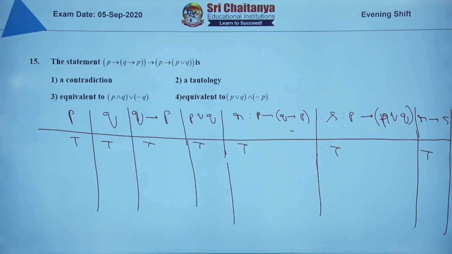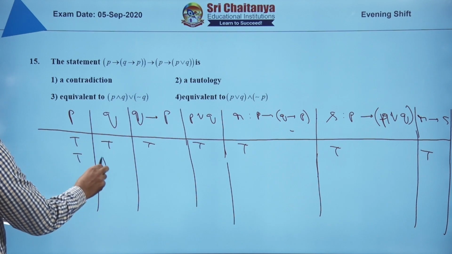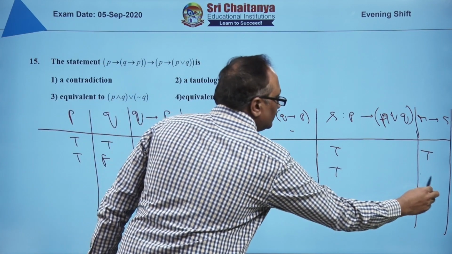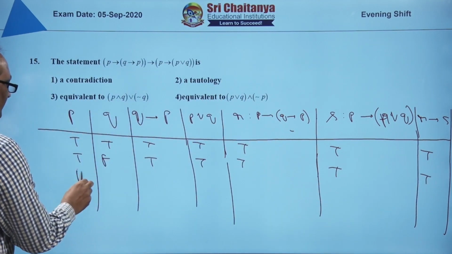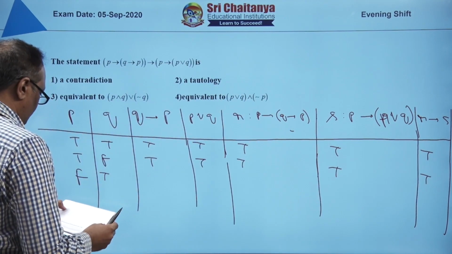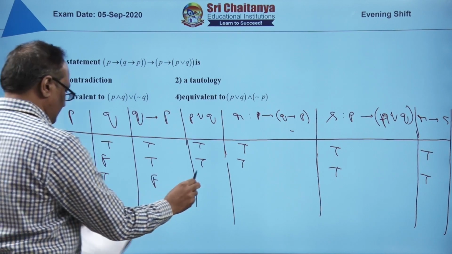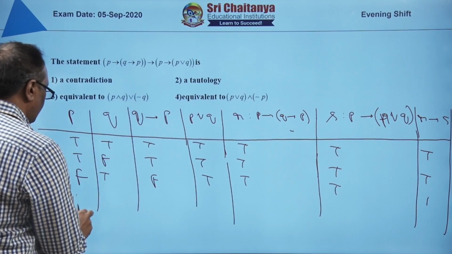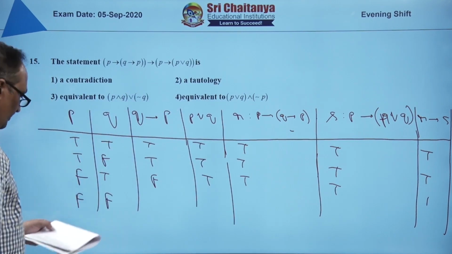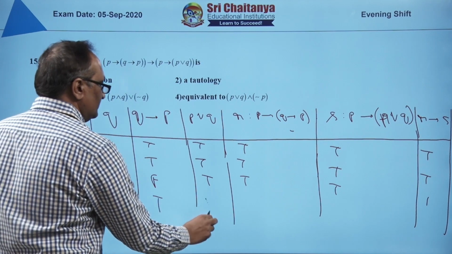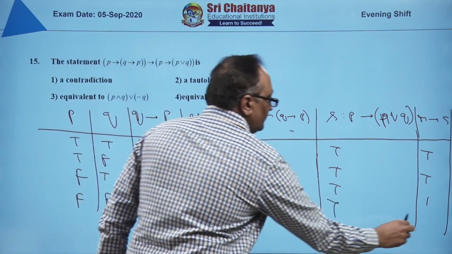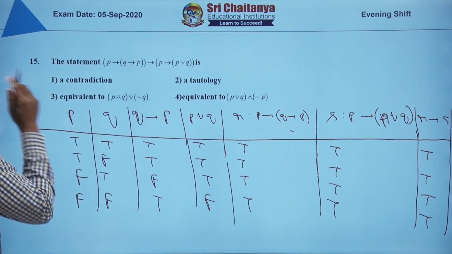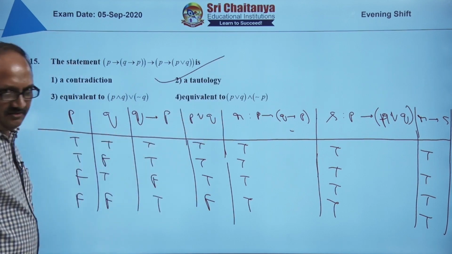And if we consider true, false, all these are true again. And if we consider false, true, for this also, this is false, remaining all are true. And if these two are false, Q implies P, this is true, this is false, this is all true. So, R implies S, they are asking, that is nothing but all are true, that is a tautology.